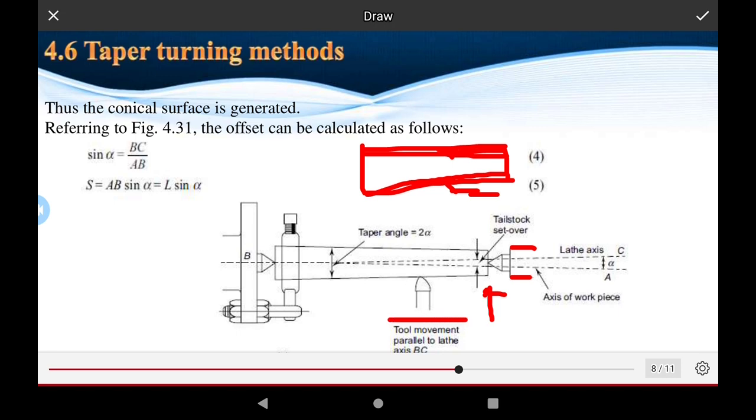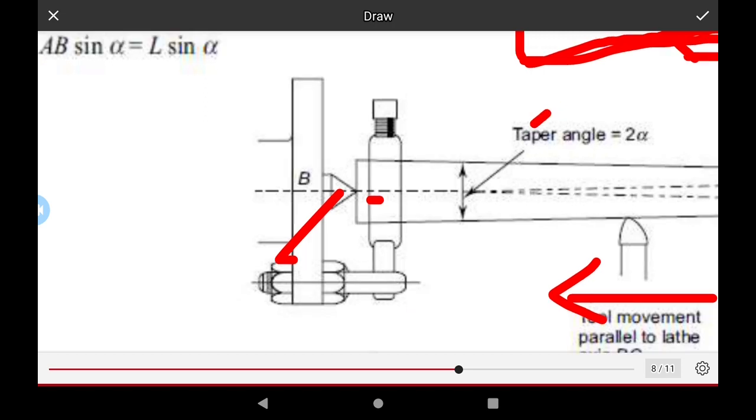This is the movement of the tool. The tool movement is parallel to the length axis. This is the length axis.